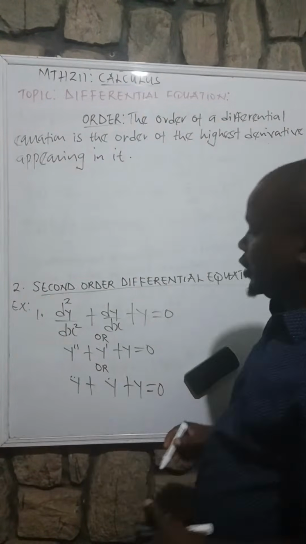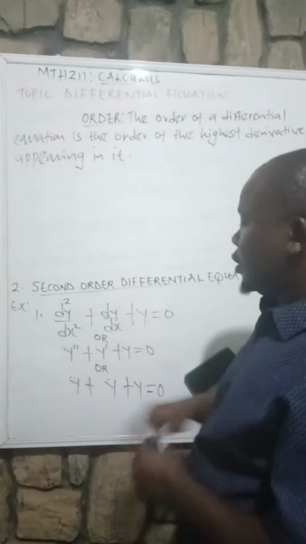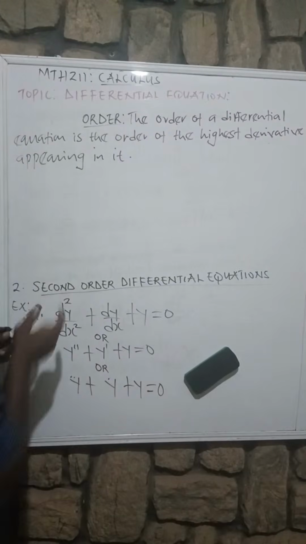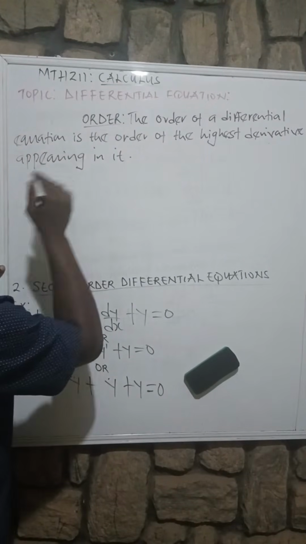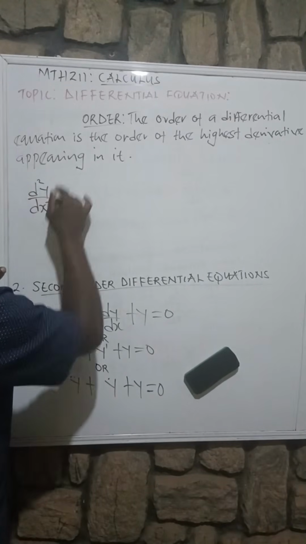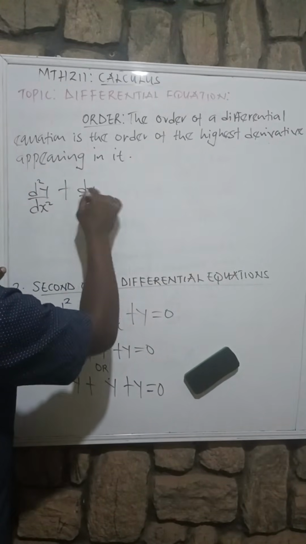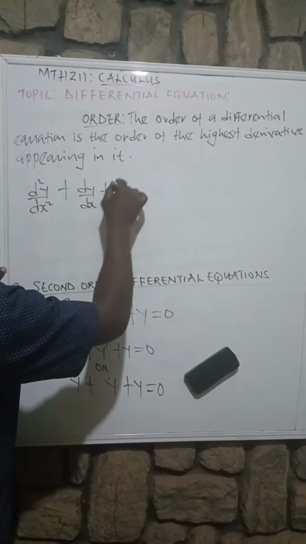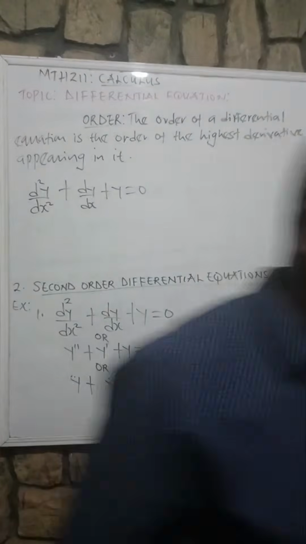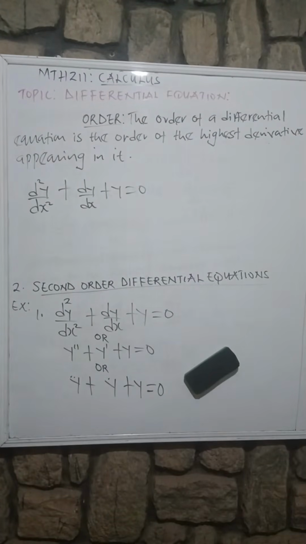So I'm going to explain this with d squared y all over dx squared plus dy all over dx plus y equals 0. Alright, everybody should look at the board.